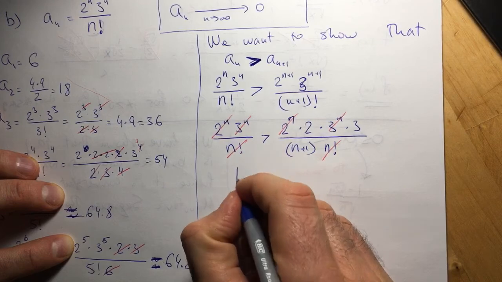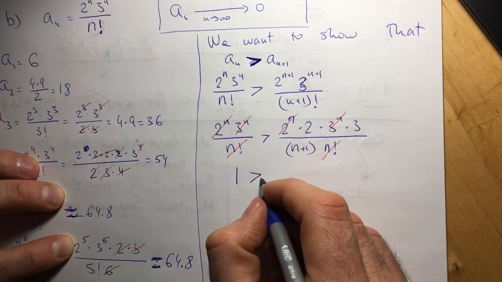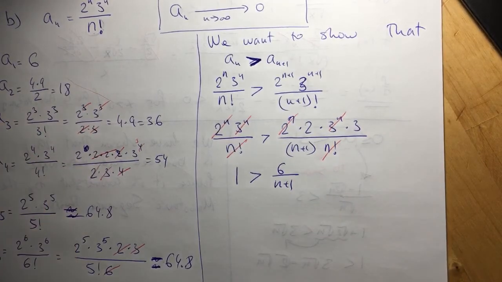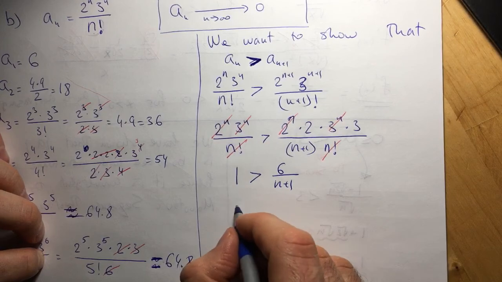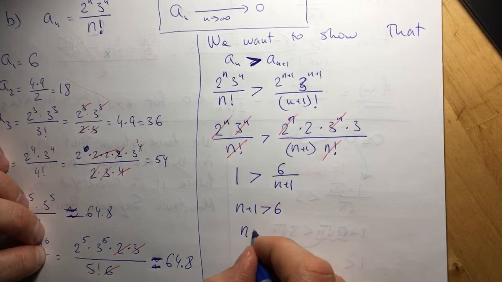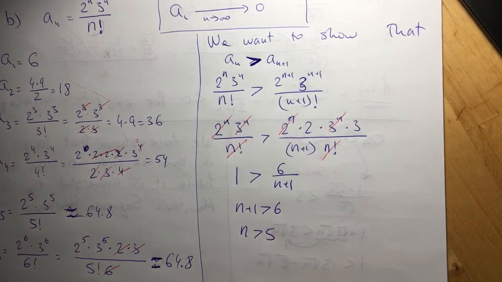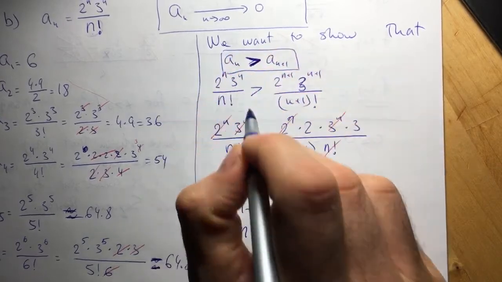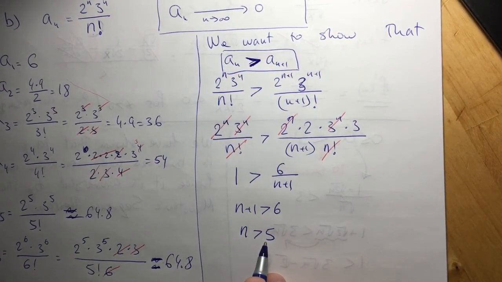And now I want to show that 1 is greater than 6 over n plus 1. And indeed this is correct. Multiply both sides by n plus 1, get n plus 1 is greater than 6, or n is greater than 5, right? So we have shown that this sequence is decreasing after the 5th term, and that's exactly what happened, right?